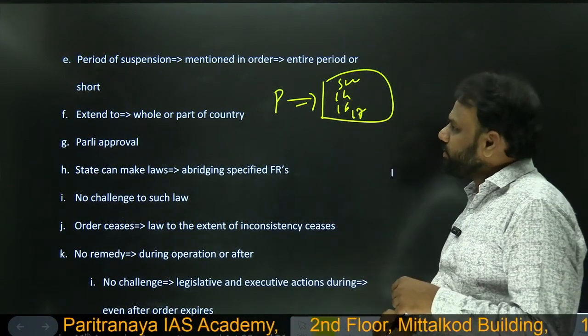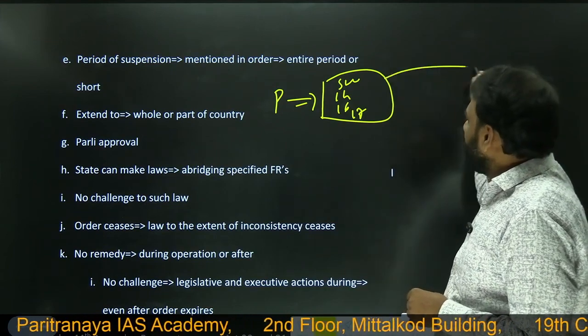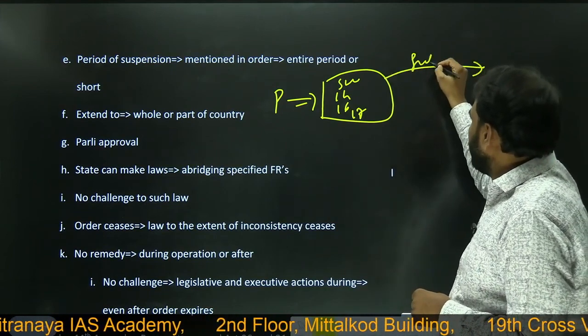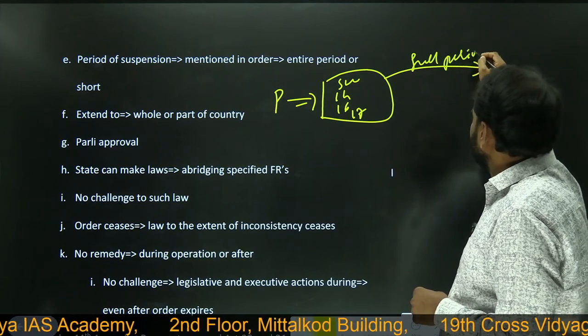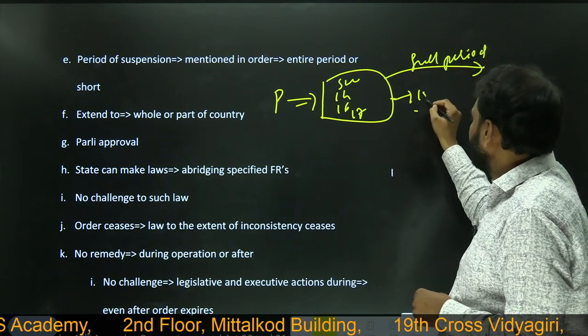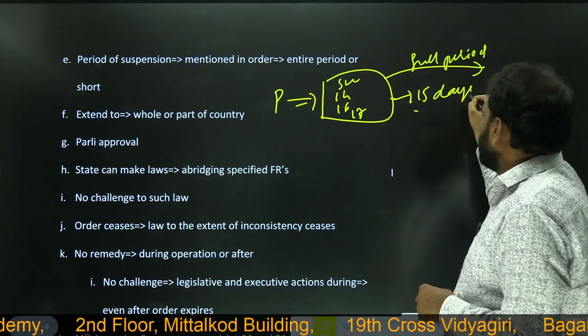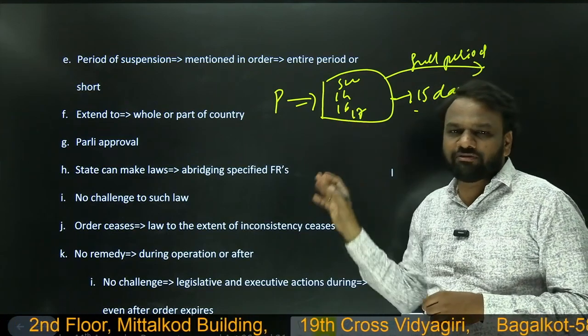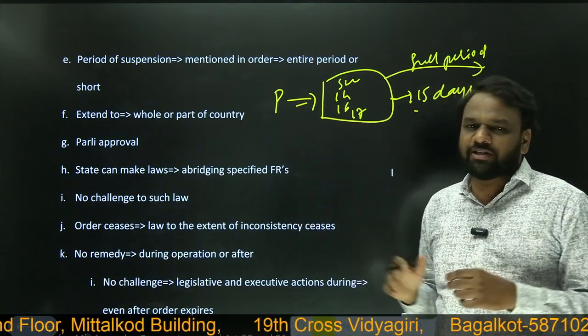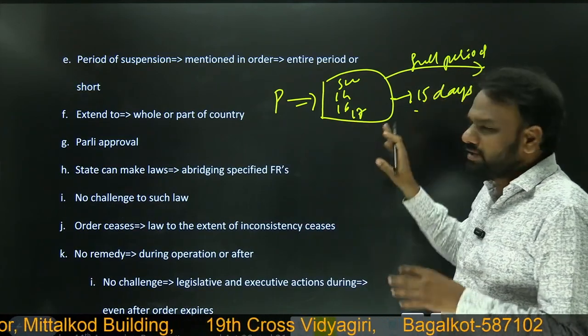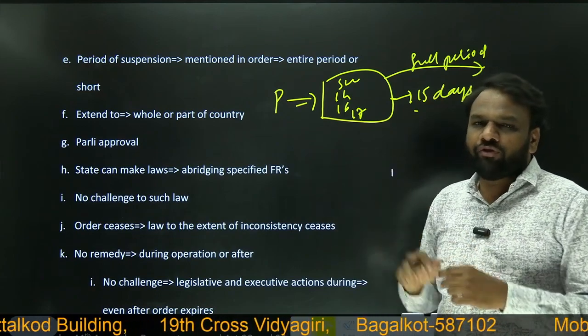Apart from that, he will also mention whether it is for the full period or for just 15 days. If he specifies the full period, then these articles will be suspended for the entire duration of the emergency. If he specifies some days, then it will be suspended only for a few days.